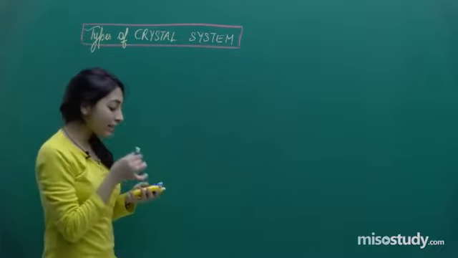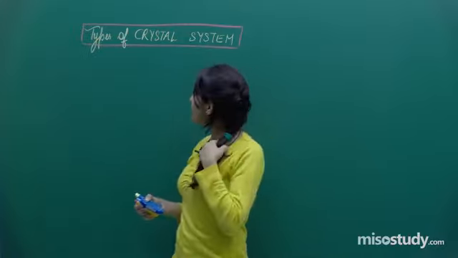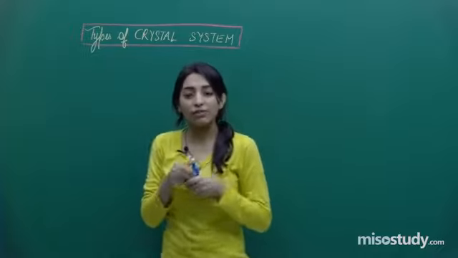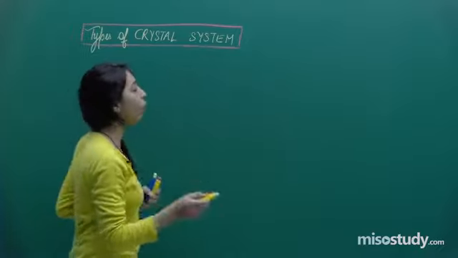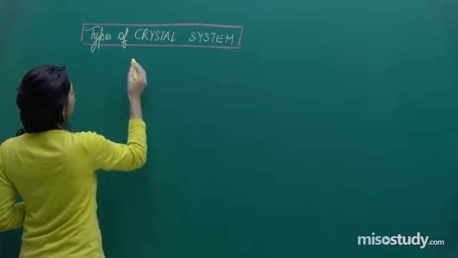Now guys, listen to me very carefully. When I'm discussing the different types of crystal systems, I will be defining the crystal system based upon one category of their constituent particles.